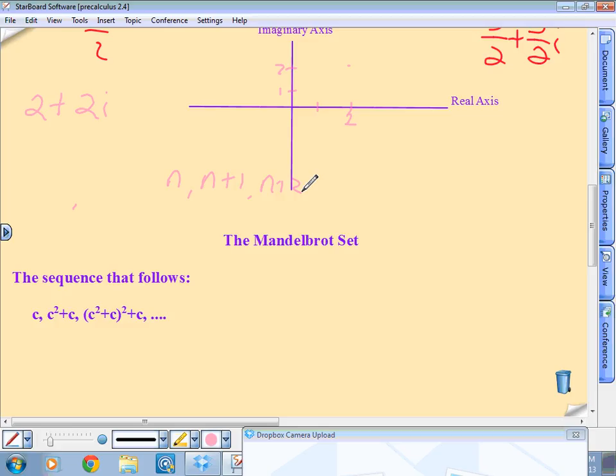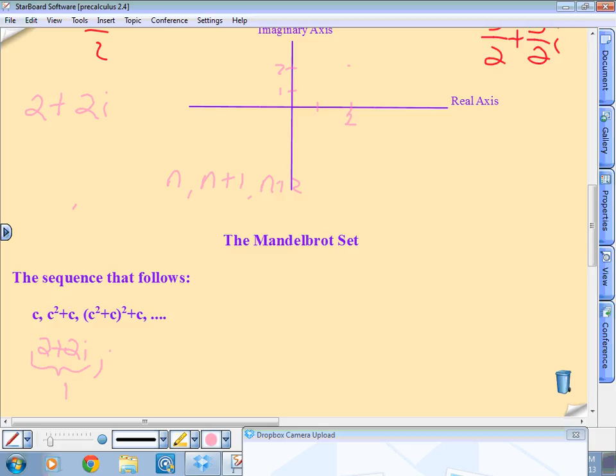And this sequence is any complex number. That's what the C stands for, complex number. It's a variable, but the variable is a complex number is what we use. And what they do is they square the previous item in the set and then add the same complex number on. Okay? So if I was using 2 plus 2i, it would be 4 plus 2 plus 2i. That would be the first in the series.